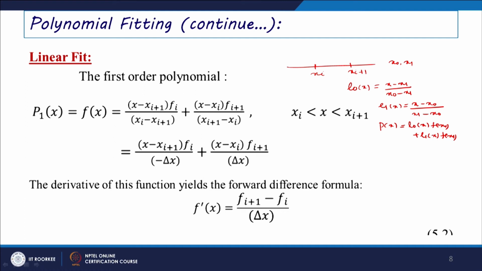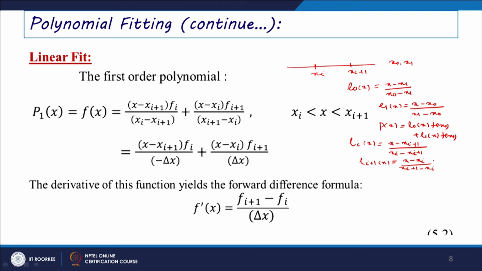And if we formulate for the points xi and xi plus 1, we can write Li of x as x minus xi plus 1 by xi minus xi plus 1, and Li plus 1 of x can be written in the form of x minus xi divided by xi plus 1 minus xi.